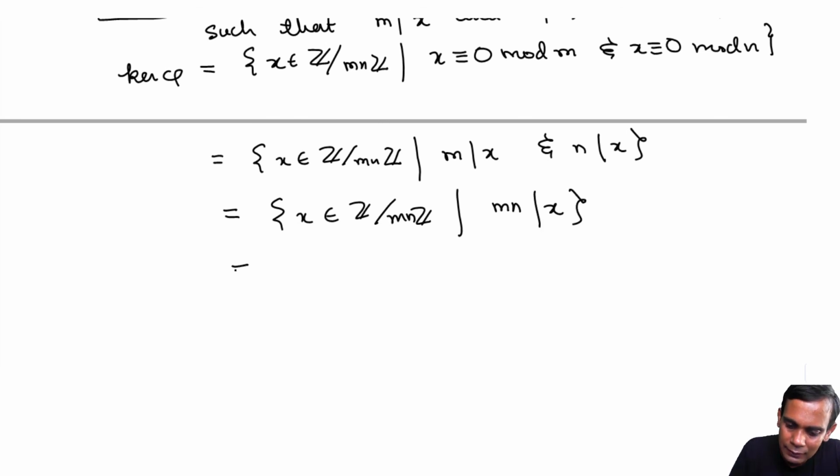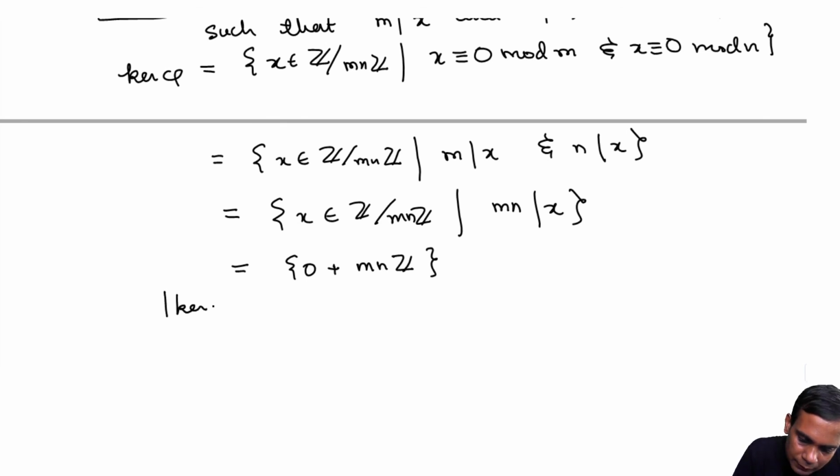But that's just the singleton 0, I mean the identity of Z mod mnZ. So kernel of phi has only one element, is singleton.